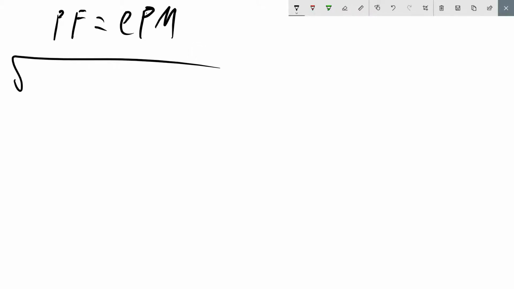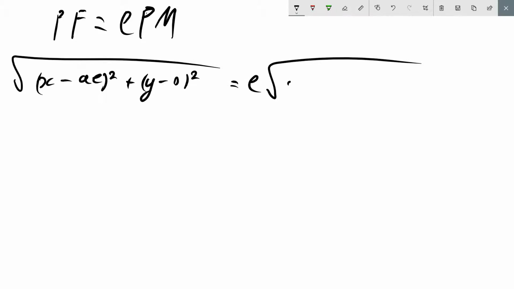So the square root of (x minus ae) squared plus (y minus 0) squared is going to equal the eccentricity times the square root of (x minus a/e) squared plus (y minus y) squared, remembering that the directrix point M shares the same y value as point P. So on this side we can simplify it down.